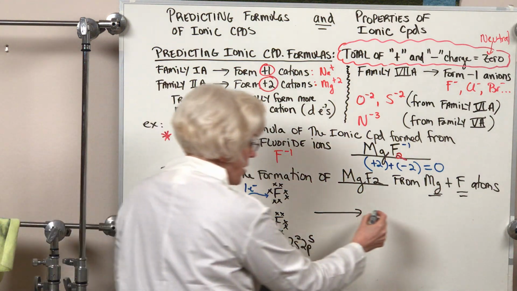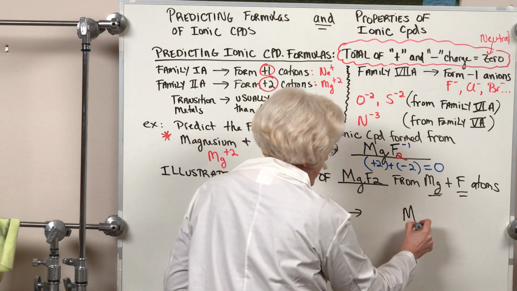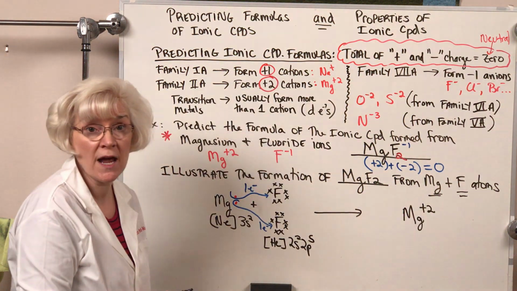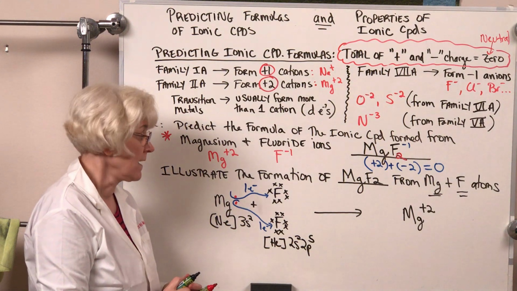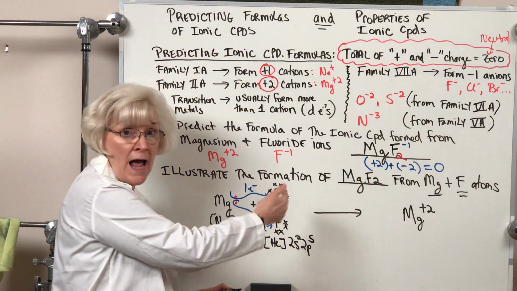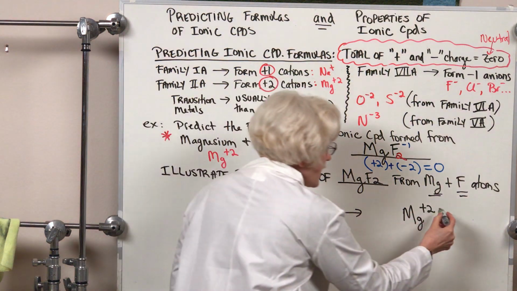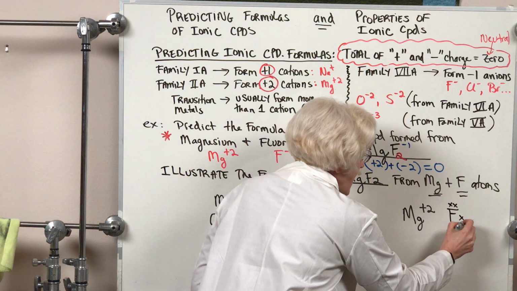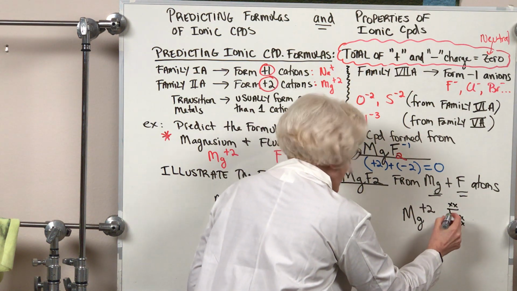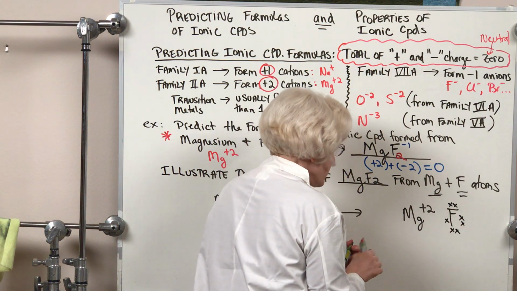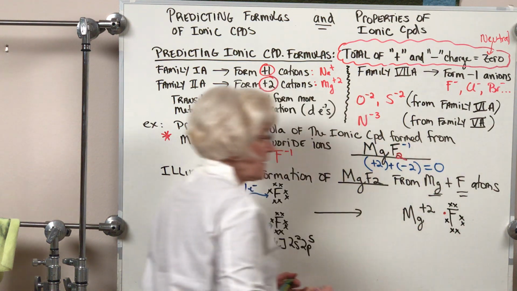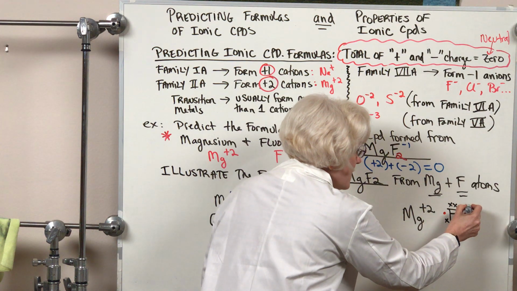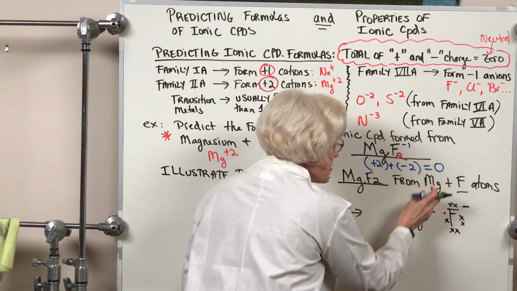And then on our product side we have our magnesium, now with its +2 charge as a +2 cation, and each of the fluorine now called fluoride because they have gained an electron and are now an anion. So showing the fluoride, and making sure that I indicate that it is now a charged particle with that negative charge.